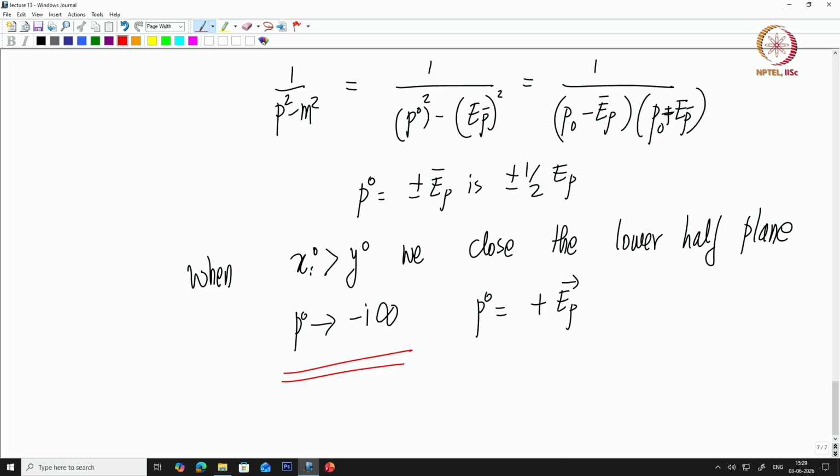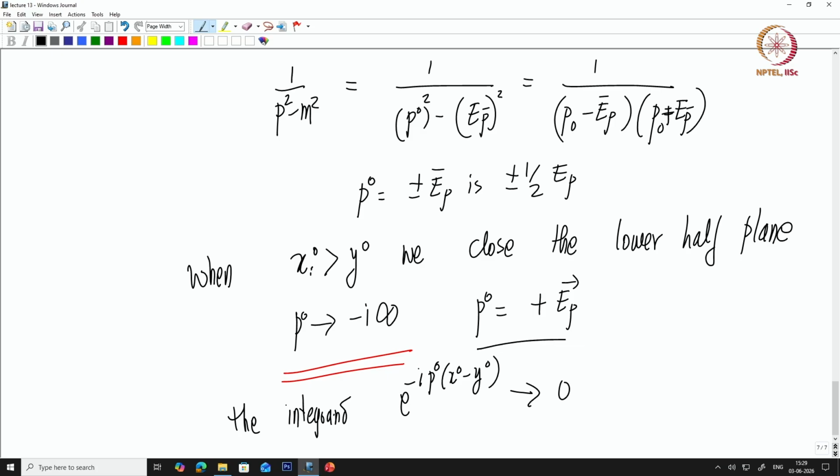What will happen is that the integrand vanishes, e power minus i P0 (x0 minus y0) goes to 0, because P0 goes to minus i infinity.